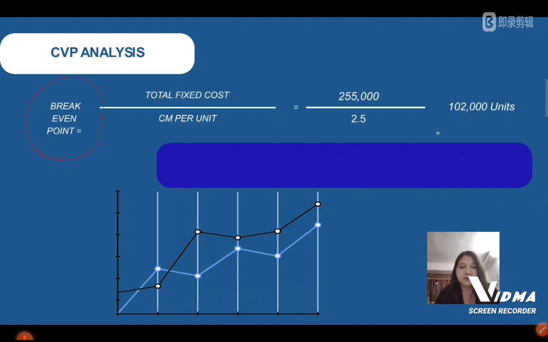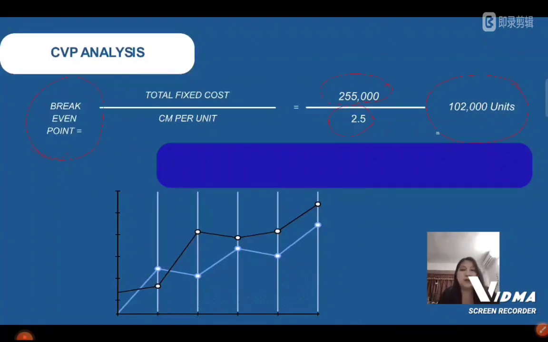So if we go back to our income statement, the total fixed costs, that would be administrative fees, rent, salaries, is 255,000 rupees. And the contribution margin, which is the price per unit minus the variable cost per unit, is 2.5. So that would mean we need 102,000 units. What does this number mean?